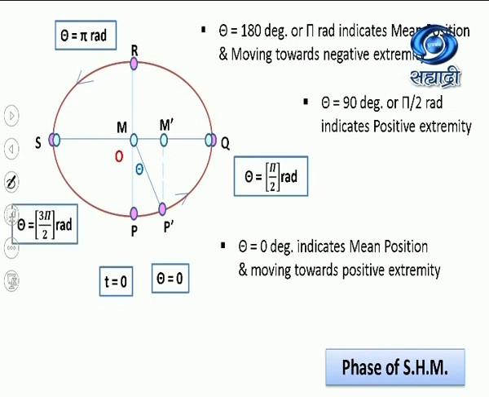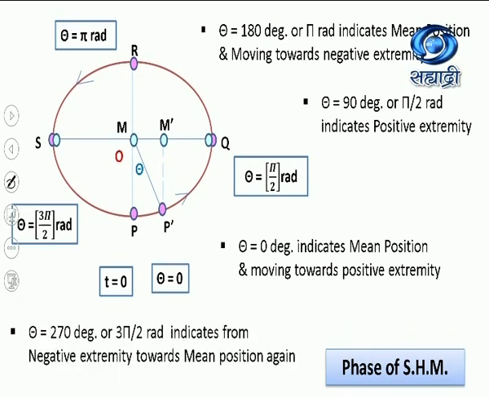After that, when the particle performing UCM reaches S position, then the particle M performing SHM will reach negative extremity, indicating the phase equal to 3 pi by 2 radians, which clearly indicates that theta is equal to 270 degrees or 3 pi by 2 radians.